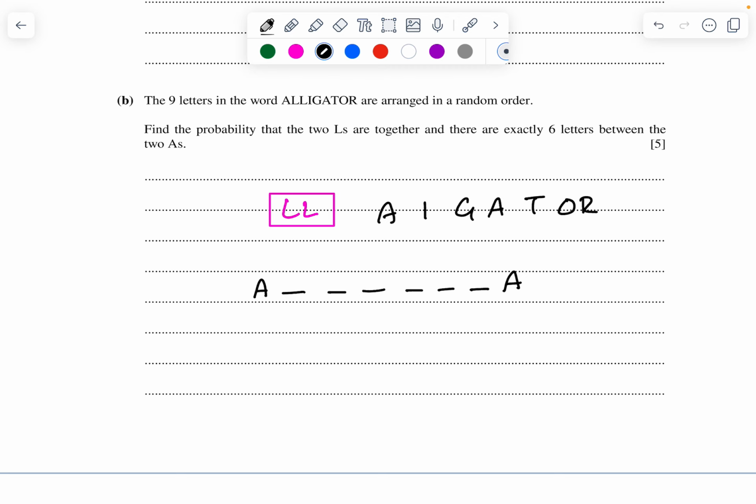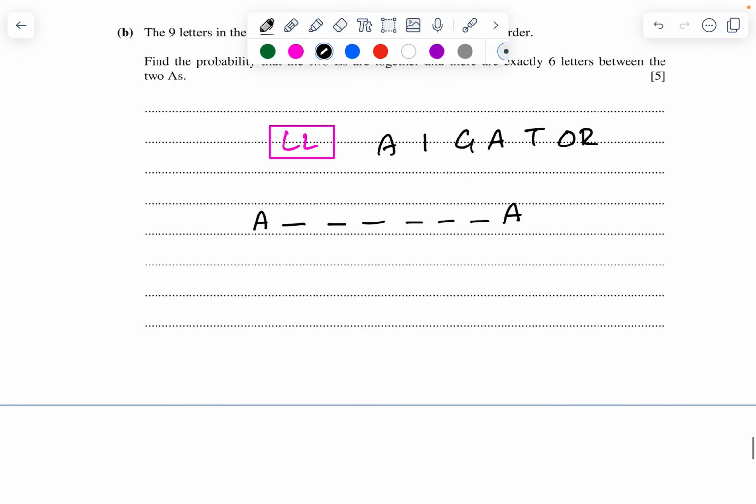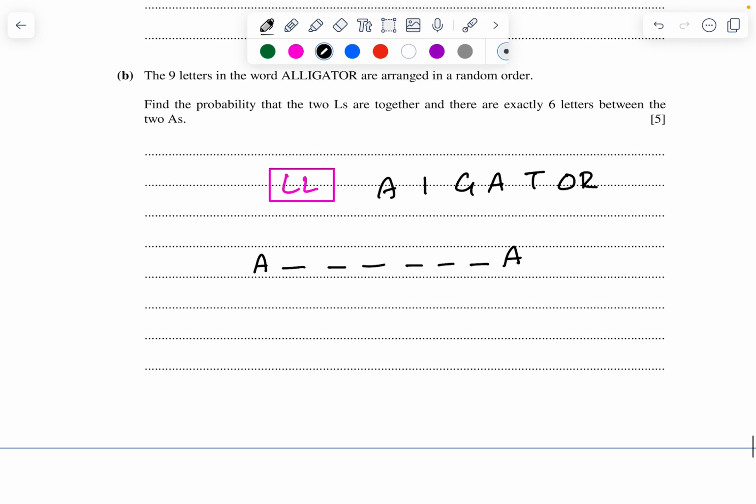Now in that case, what should I be doing? How should I be able to get this one? He's telling us to find the probability that two L's are together and there are 6 letters between two A's. So I have to arrange 6 letters between two A's.